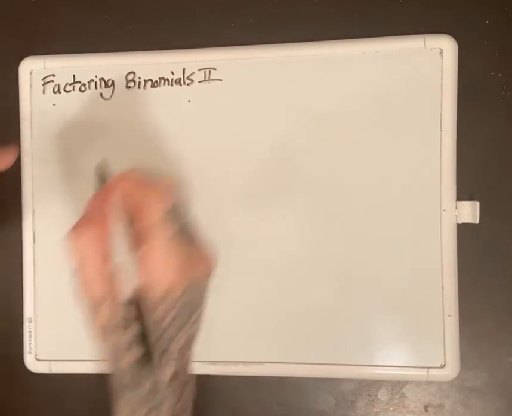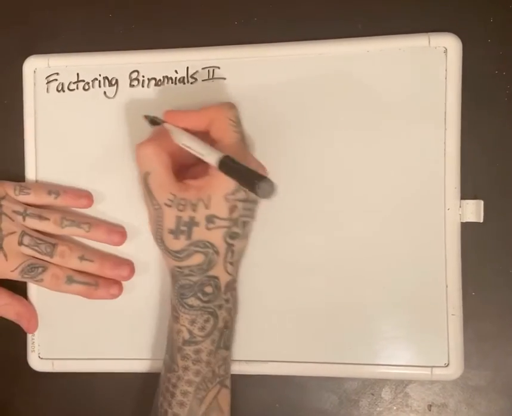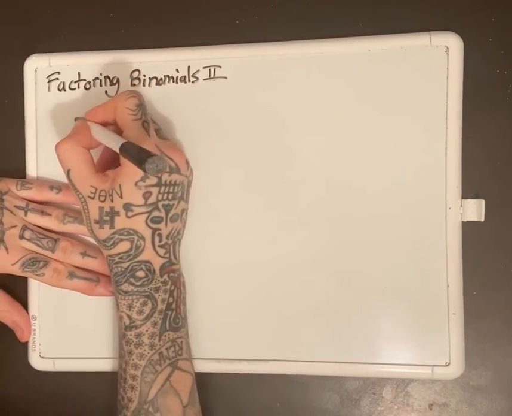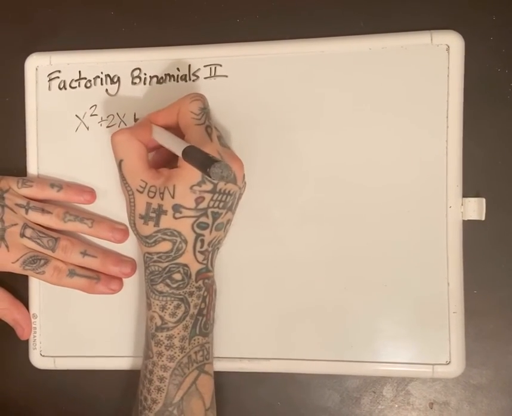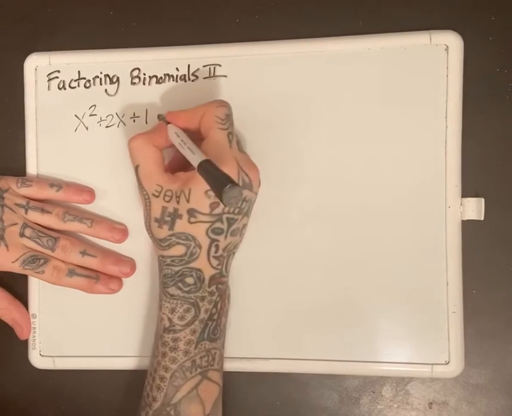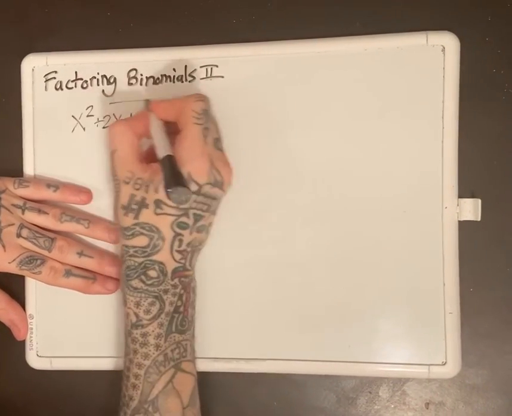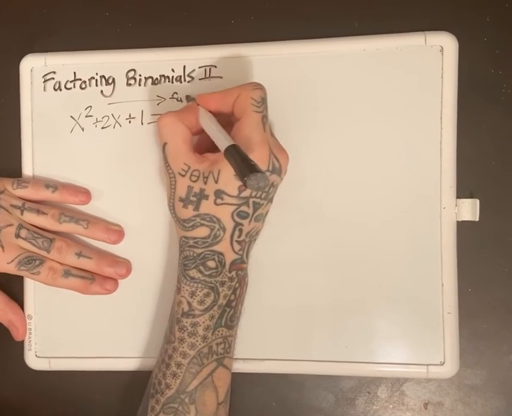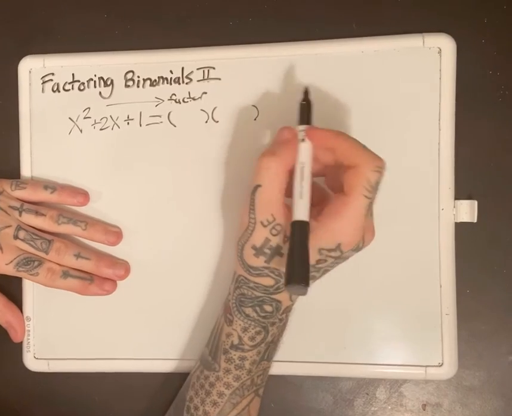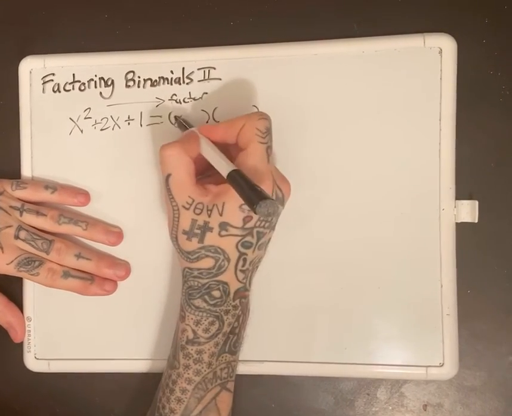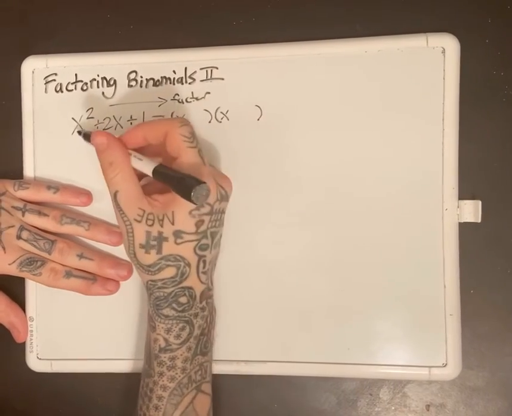Well, first, back in factoring binomials 1, we learned that we can be given a trinomial, x squared plus 2x plus 1, and we can work backwards and factor it. So we know the first two terms have to be x's because that's the only way to get the x squared.